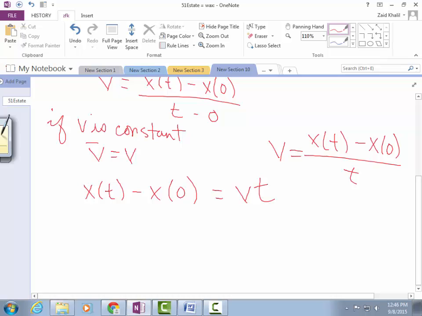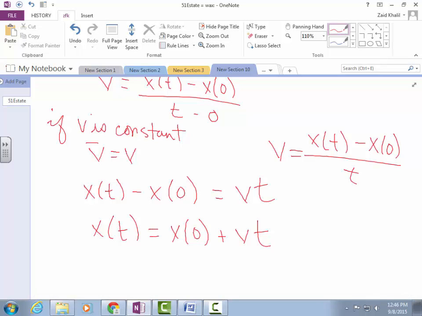Anybody know what this is called, when I solve for x of t? This is called a linear function. In other words, for constant velocity, position is a linear function of what parameter? Time.